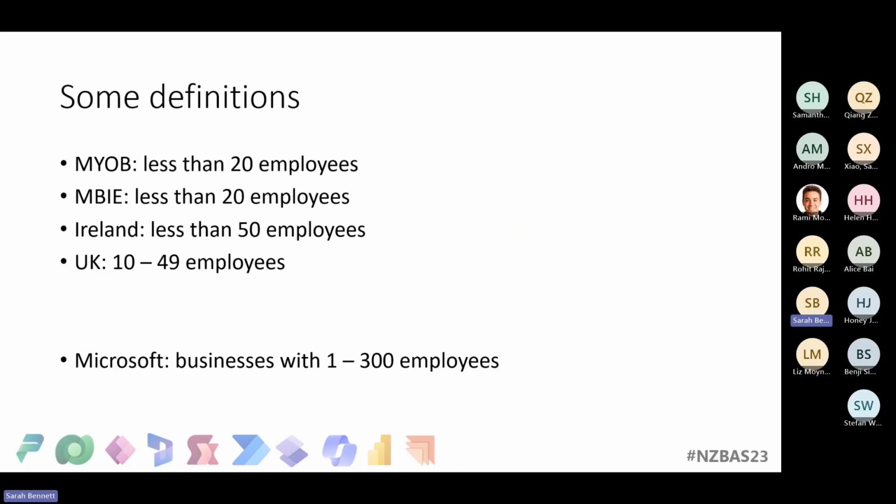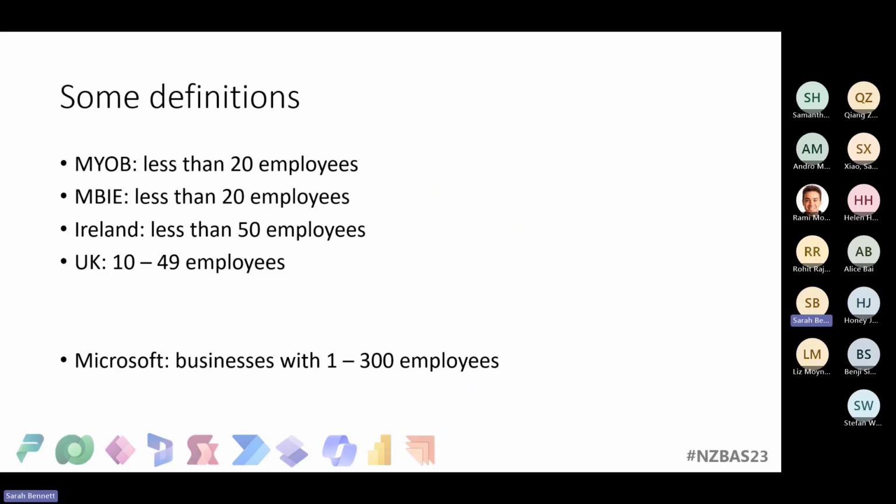According to the NBIE, New Zealand has a higher percentage of small and micro businesses than most other countries. And not only that, but our large enterprises tend to be smaller than large enterprises in other countries.